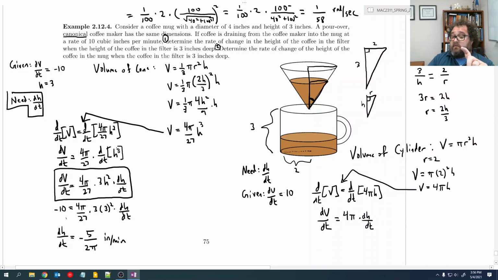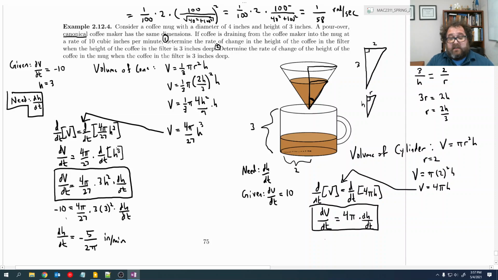Is it positive or negative? Think to yourself, is the volume of the coffee in the mug expanding or contracting? It's getting bigger, right? So it's a positive 10 this time, whereas before, the cone was draining, and so it was a negative 10. Here, the coffee volume is rising, so it's a positive 10. So here's our related rates equation, and we can just plug in.